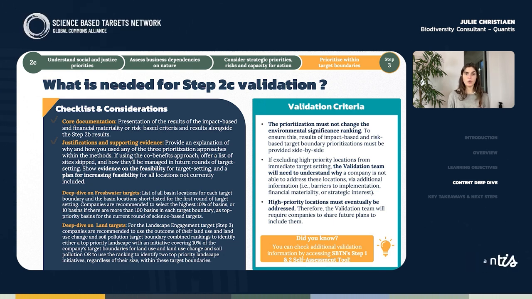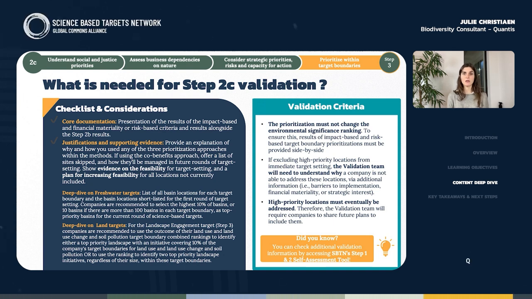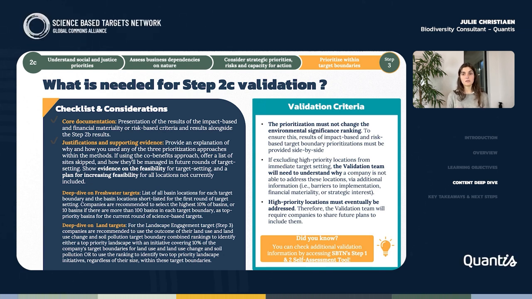As explained before, companies are recommended to select the highest 10% of basins, or 10 basins if they have more than 100 basins in each target boundary, as top priority basins for the current round of science-based targets.